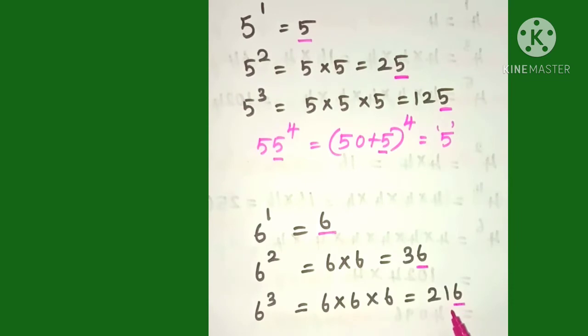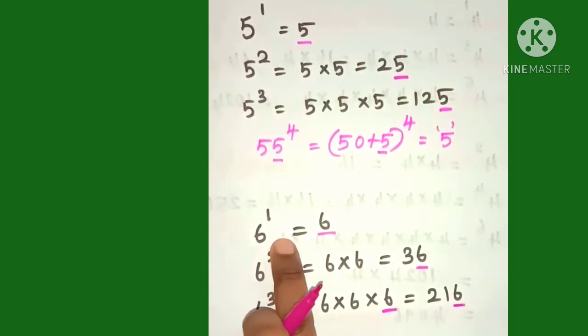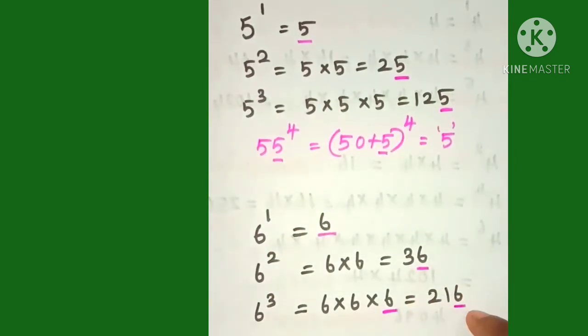Last number of the expanded form. So here that is the unit digit of the number 6 power cube. Here in this pattern, what did we observe? Yes, that is in 5 and 6.